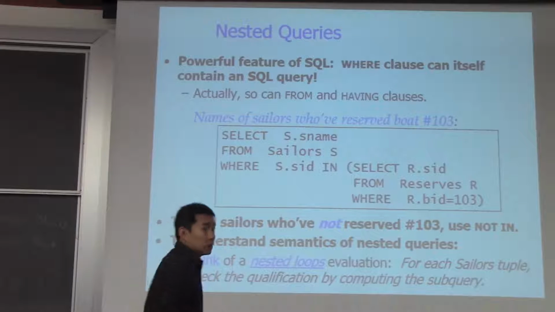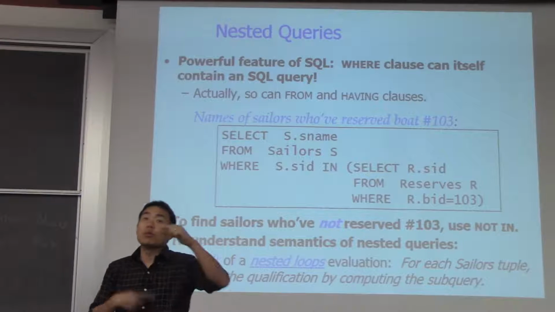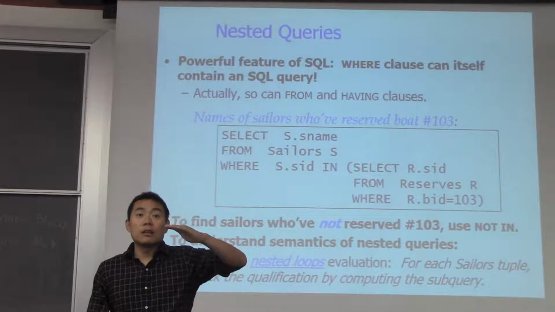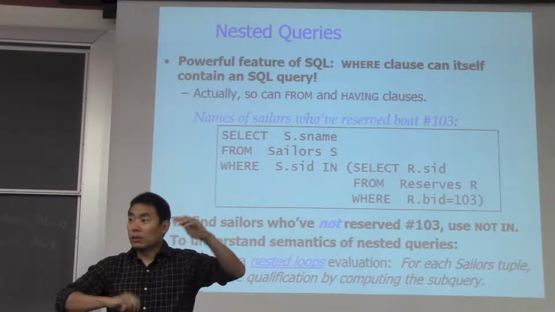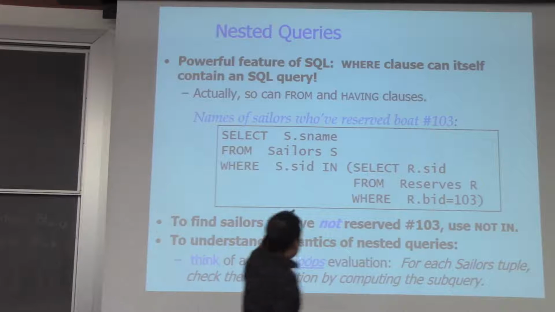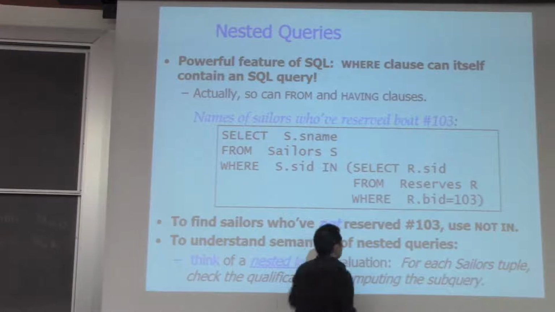So one way to think about this is to view it as a nested loop. For each sailor, do this. And how do we understand this keyword IN?